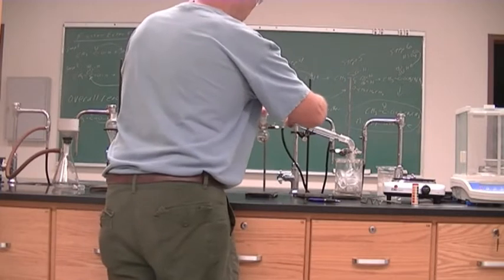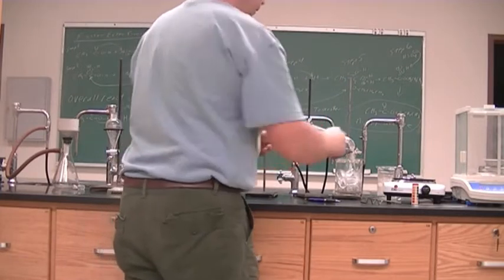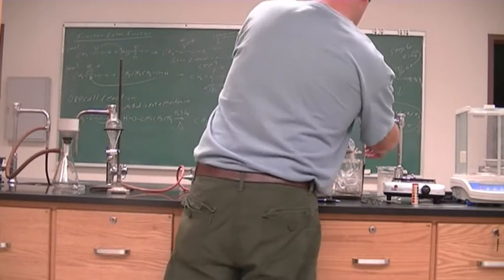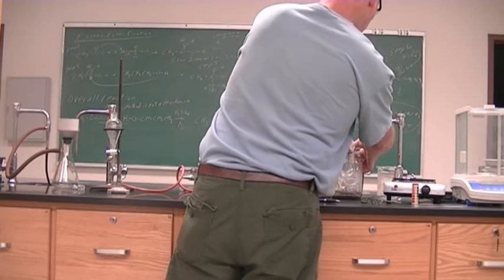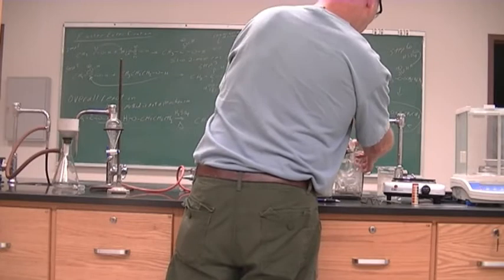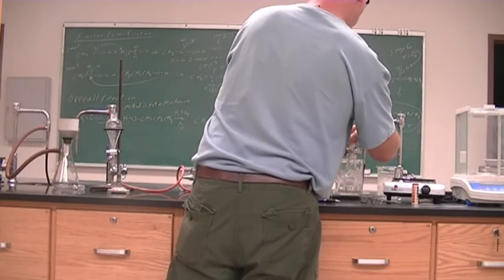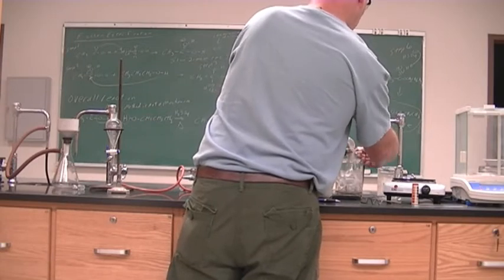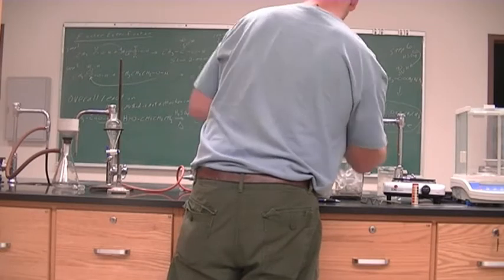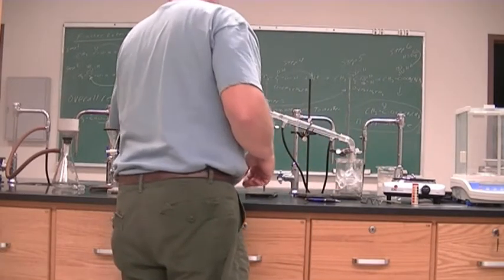The seal on the reaction flask is very important to make sure that is nice. This one is less important because it's just going to drip into this nice cool flask here. And then we put in our thermometer.